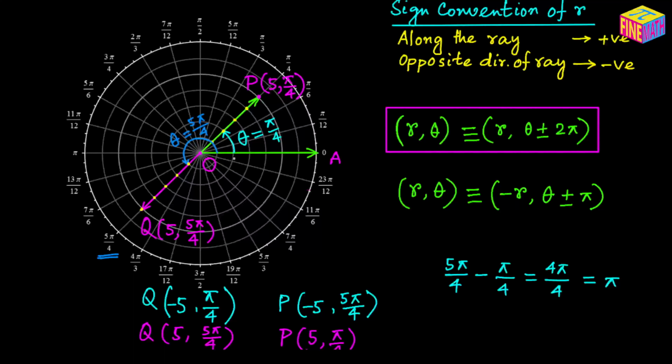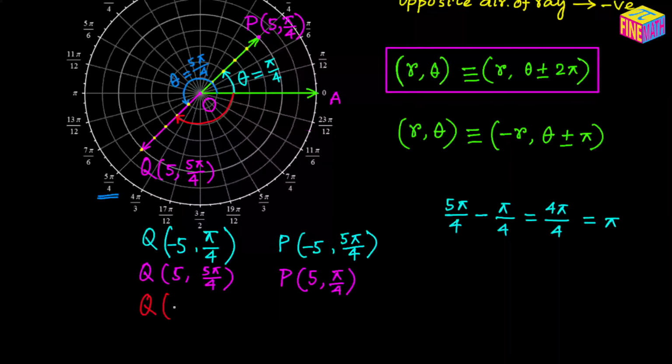If we go in the negative direction, for example, we could have reached Q by going in the clockwise direction. And in that case, how much of rotation is that? Well, that would be pi over 4, another pi over 4 and another pi over 4. So that would be negative 3 pi over 4. So Q's coordinates can also be written like this, positive 5 for the r and a negative 3 pi over 4. And now if you see the difference between pi over 4 and negative 3 pi over 4, that would be negative 3 pi over 4 minus pi over 4.